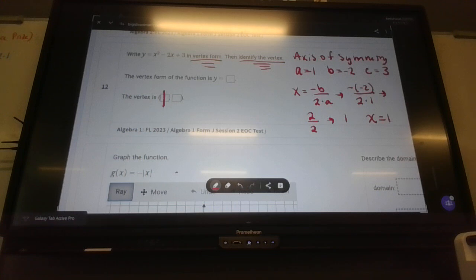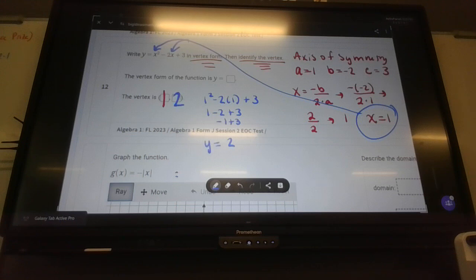Now, how do we find that other point in the vertex? You plug it in. So now we take that 1 and plug it in. That would be 1 squared minus 2 times 1 plus 3. And we get a 2 out. So y equals 2. So the vertex is 1, 2.